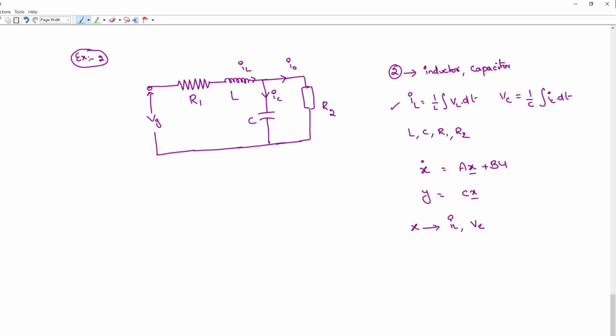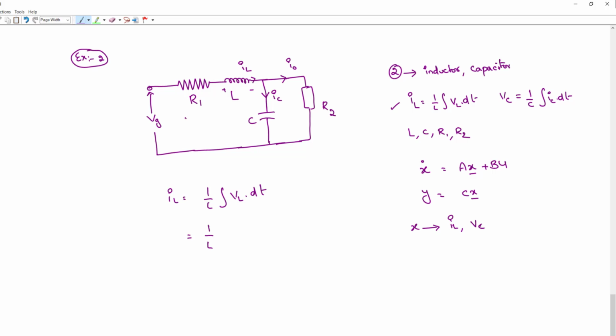First of all, let us take IL. IL is equal to 1 by L integral VL dt. Now, what is the voltage drop across this?